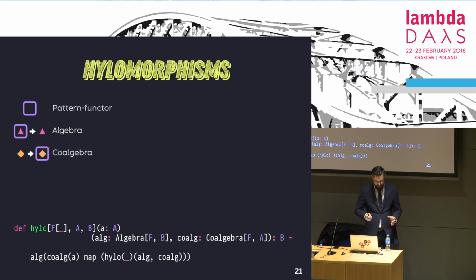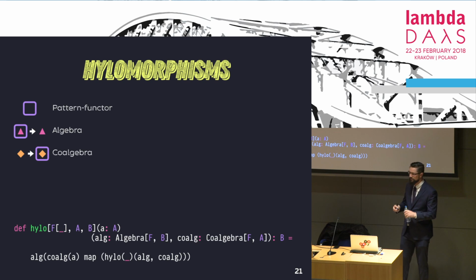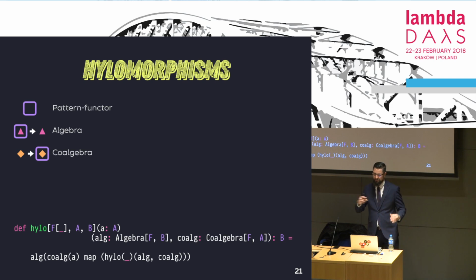So let's look at what it means and how hylomorphisms work. I chose to show hylomorphism because every other scheme can be implemented in terms of a hylo. So we need our pattern functor.